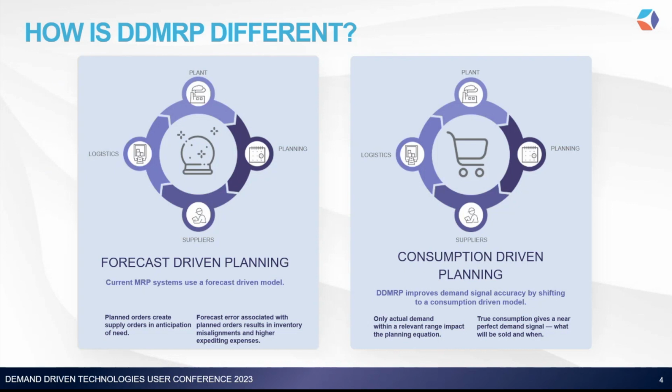it becomes a lot more difficult to forecast with any kind of accuracy. And so by planning to that specifically inaccurate signal, we end up with inventories being misaligned with what the actual market demand is. The idea behind DDMRP is that we can plan to actual consumption as it comes in from the market, because that's going to be a much more accurate demand signal.